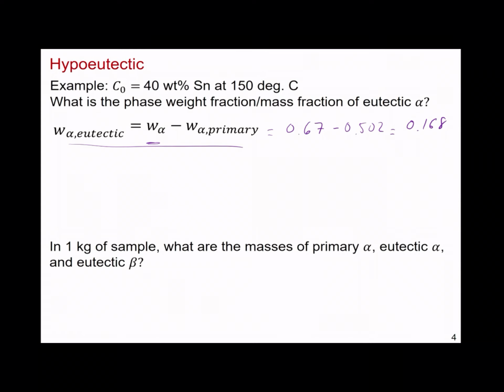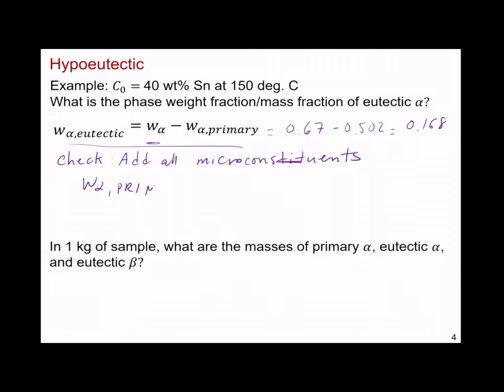Okay, so all fractions should add up to 1. So you do a check.